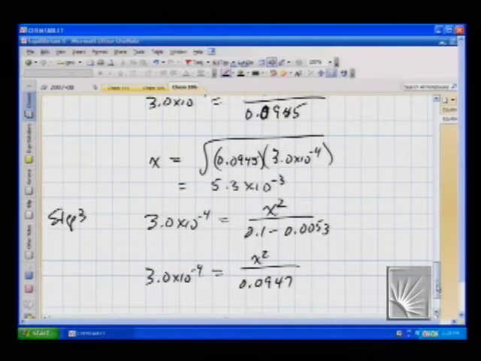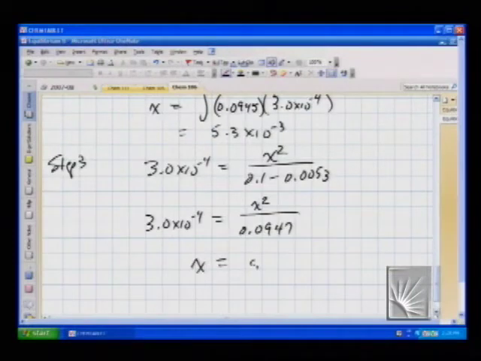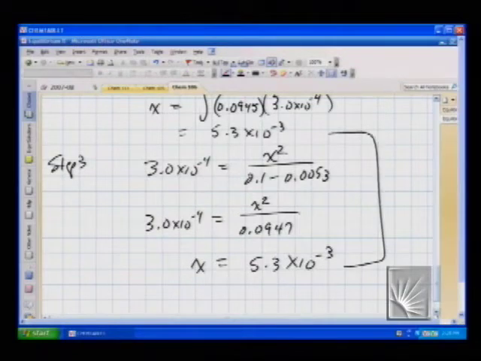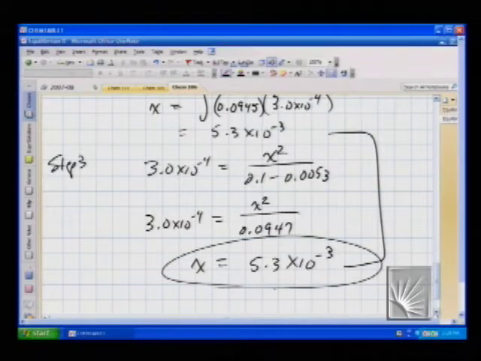And now when you do this one this time, you get x equals 5.3 times 10 to the minus 3. We had 2 iterations of this process where you got the same value out of it. And so this is the value of x. If you solve a quadratic equation, that's the value you'll get for x.